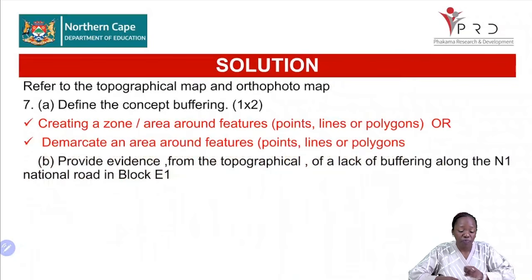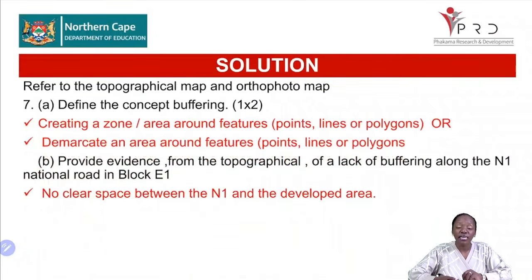Then at B, you are supposed to provide evidence from the topographical map of a lack of buffering along the N1 national road, which is in block E1. So now that you are aware that when we are buffering, we are creating an area or protecting the area around a certain feature, looking at your block E1, there is no clear space between the N1 as well as the developed area.